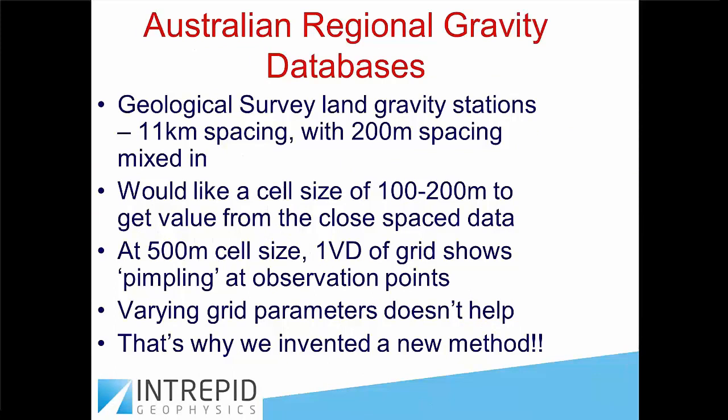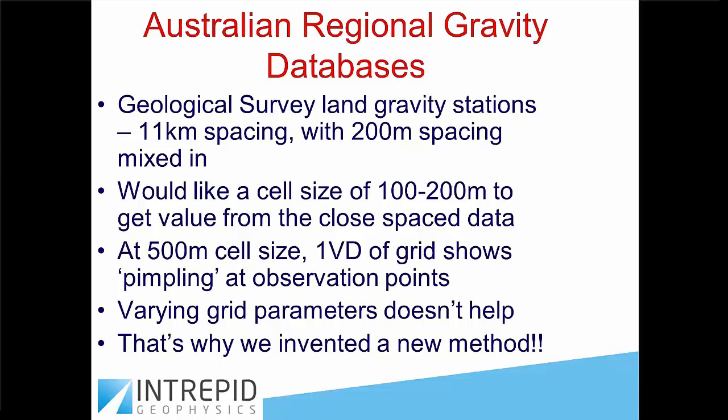So a word about regional gravity databases. Geological Survey land gravity stations in Australia were initially designed to be at every 11 kilometres, and so that remains the basis of the first estimate of the gravity field for Australia.